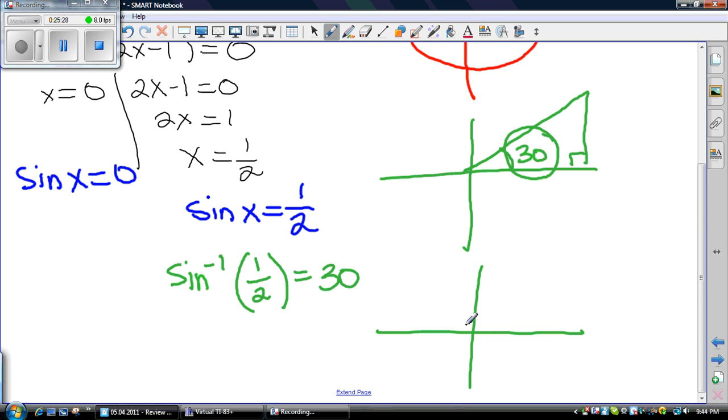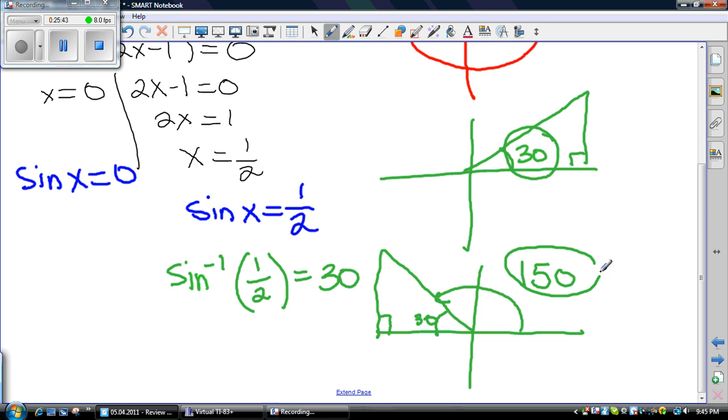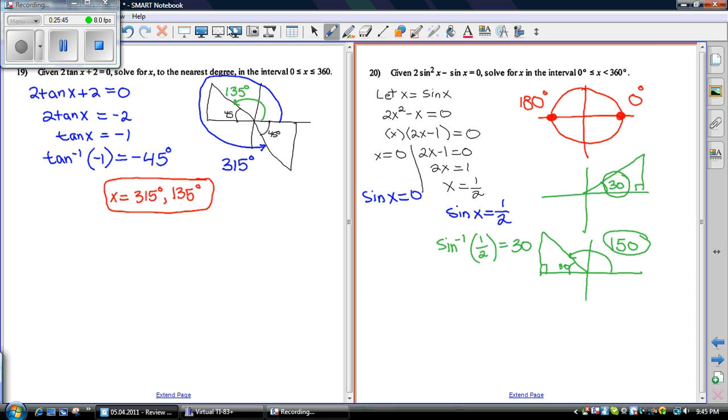Where's another possible answer? Where else is sine positive? Sine is also positive in the second quadrant. The reference angle over here is 30 degrees, but how much is it to get to this spot? 150. So, what are the possible answers for this problem?